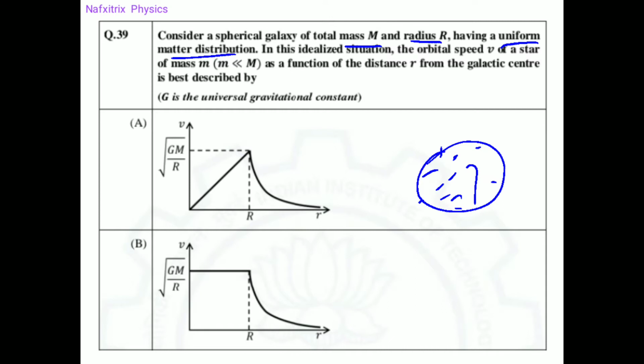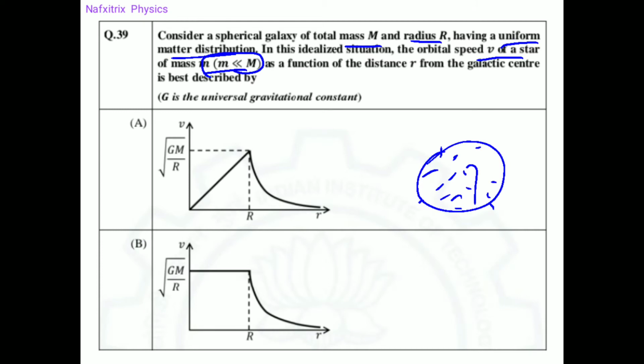So next, in this idealized situation, the orbital speed v of a star of mass m, where m is much less than capital M. So here they have given this condition. We need to find the orbital speed of a star. Some star in that galaxy might be at the edge of the galaxy, or outside of the galaxy, or residing anywhere inside the galaxy.